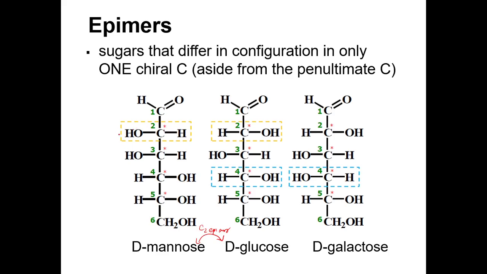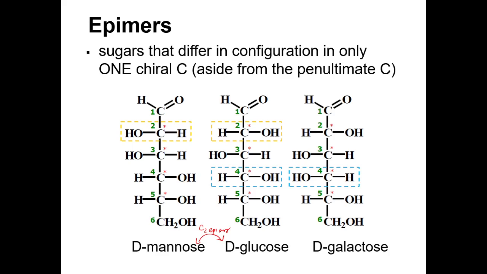Okay? This one, the position of the OH. One is on the left for mannose and then the OH group for the glucose at carbon 2 is on the right. On the other hand naman, D-glucose and D-galactose are also epimers of each other.